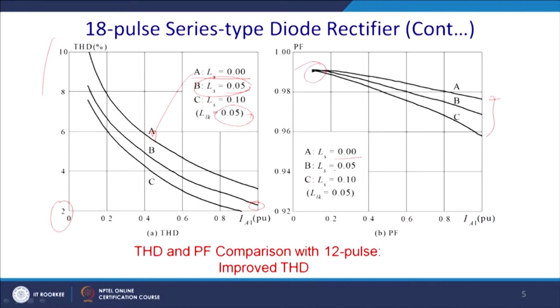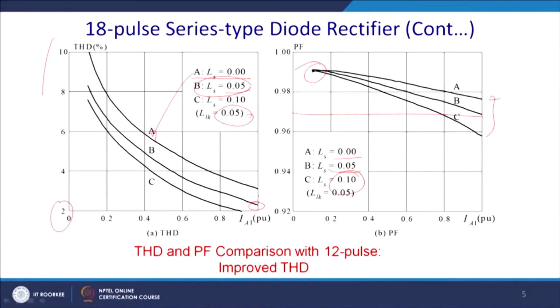If you increase the source inductance, you can get close to 0.97 power factor, because until 0.95 the utility does not penalize the customer. Generally we do not have a source inductance of 10%, but if you have, you get around 0.95 and that is also quite acceptable. And if you have a 0.95 power factor and THD below 2%, it satisfies all the standards.